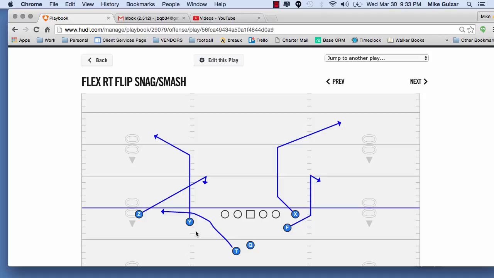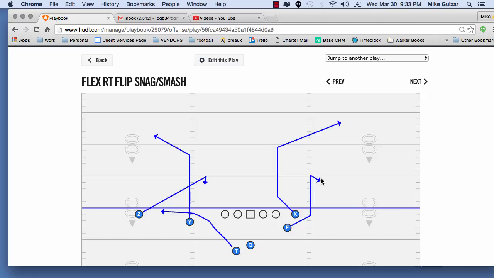But just for future reference, if there are ever 2 principles called, a snag principle and a smash principle, you apply them left to right. So snag comes first, so the snag combination goes to the receivers on the left. Smash comes second, so it goes to the receivers on the right. Snag, smash, left to right.